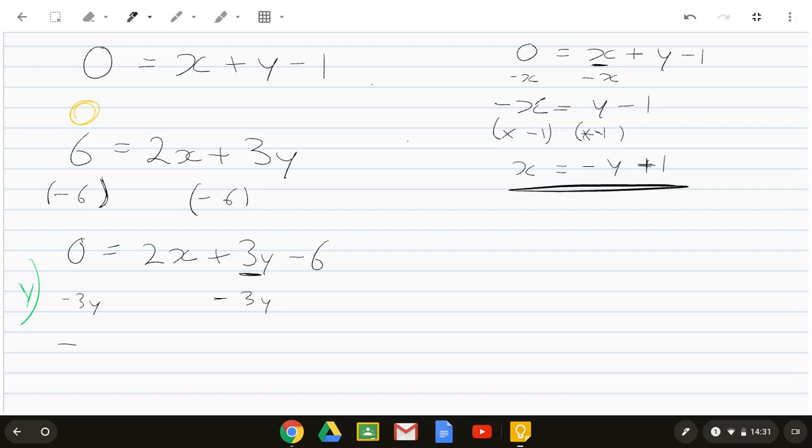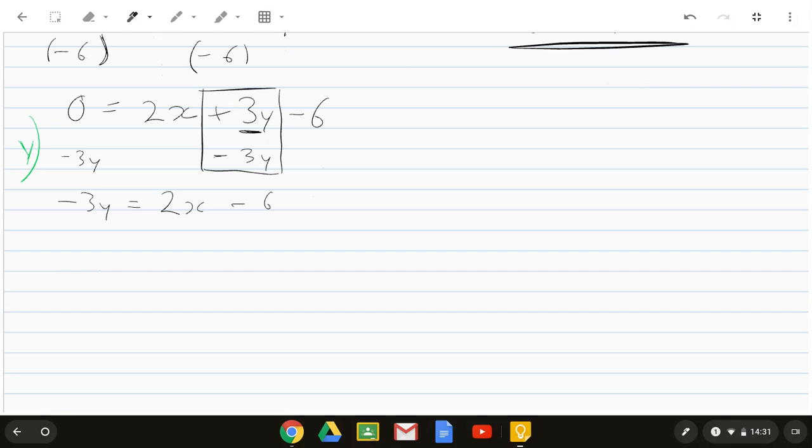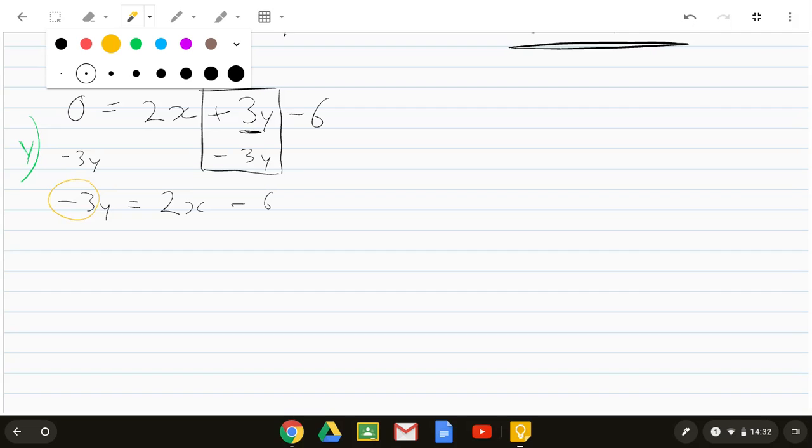And so now I have minus 3y equals 2x, minus 6, as the 3y minus 3y cancels out. So now you can see that I have minus 3y on this side.